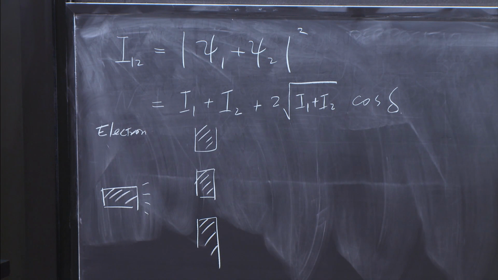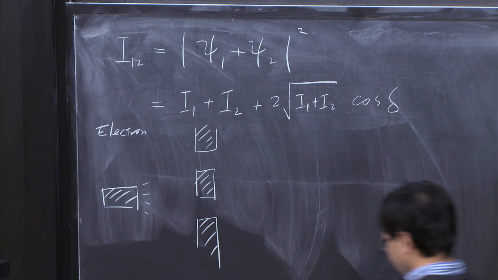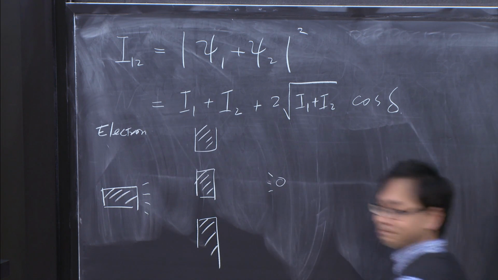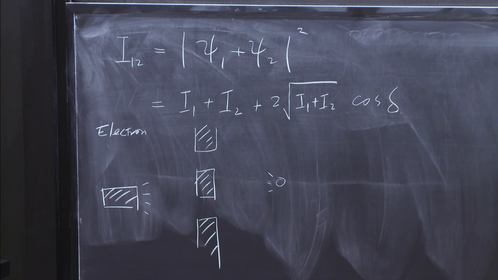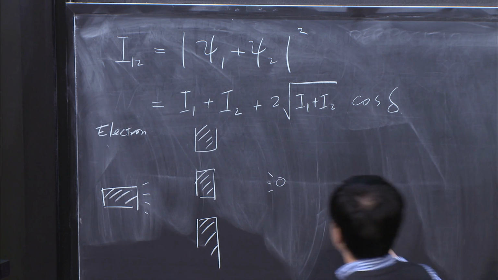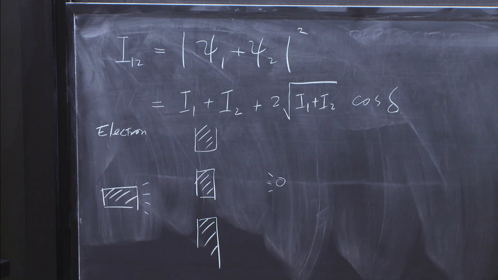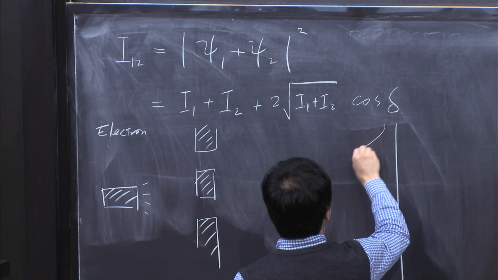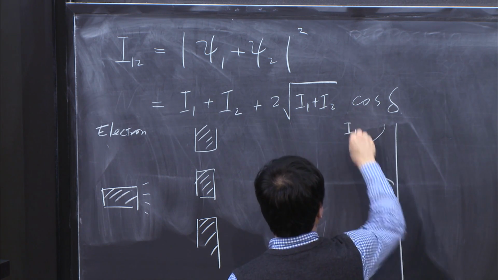Then what I'm going to do is to put a light source there, to shine on the whole experiment. Then I was wondering what is going to happen to the distribution.